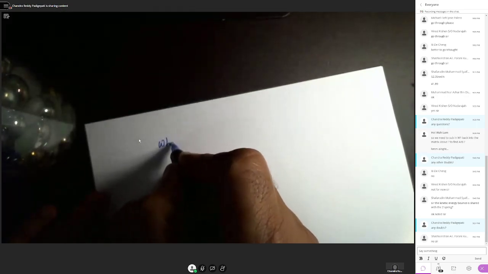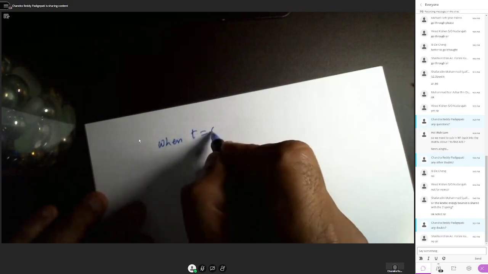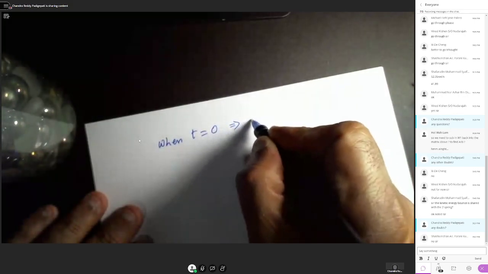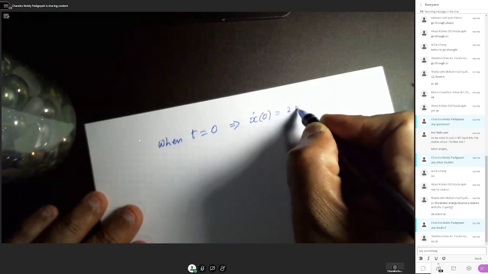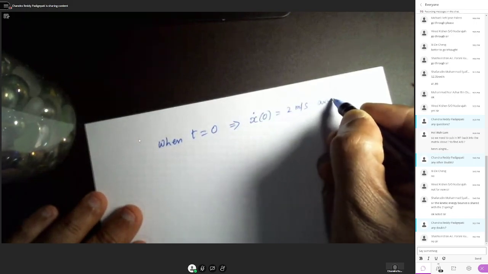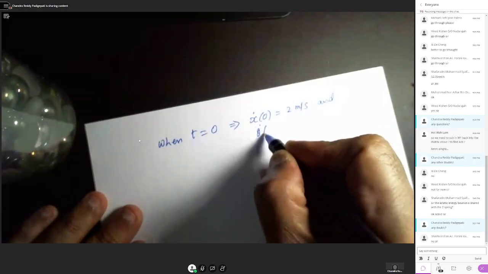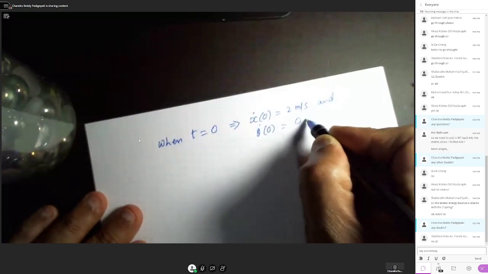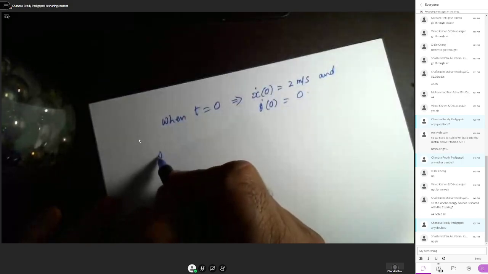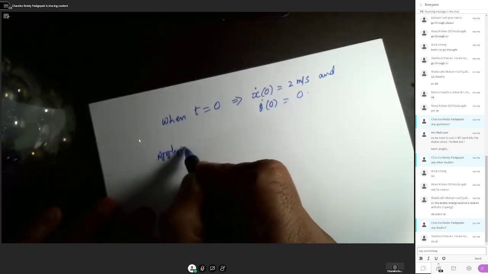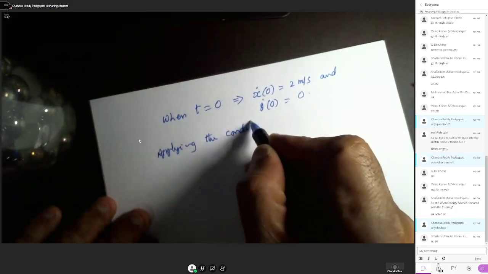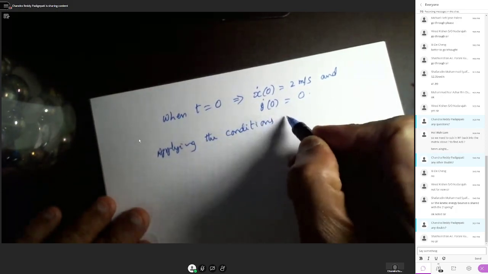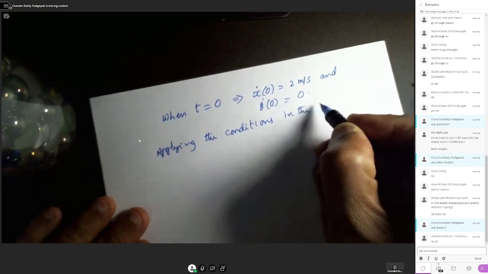Okay, so when t is equal to 0, the velocity is given as 2 meters per second and theta dot 0 is equal to 0. So applying the conditions in the response equation.